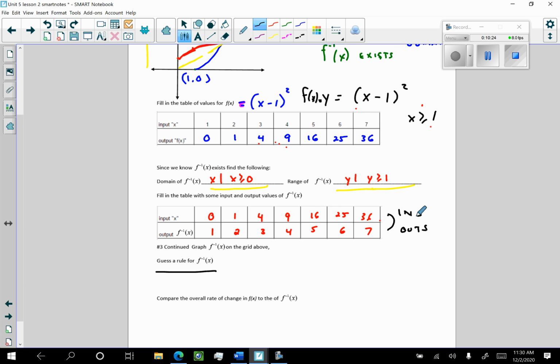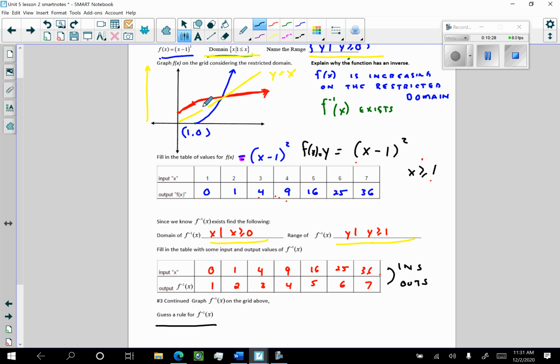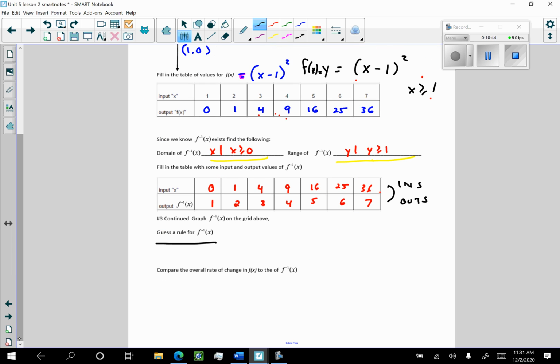And if I look at them, now let's look at the average rate of change. If I look at the average rate of change in the f, I know it's going to be positive, but look at this. Isn't this average rate of change going to be very low? Because the slopes of the secants almost go to 0, and the slopes of the secants to the blue almost go to infinity.